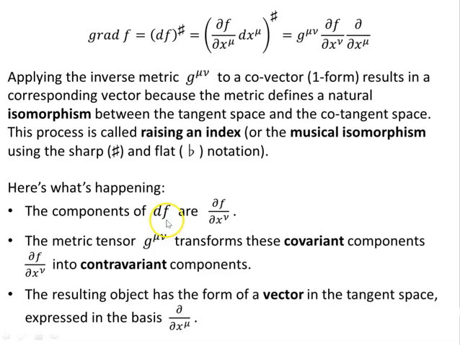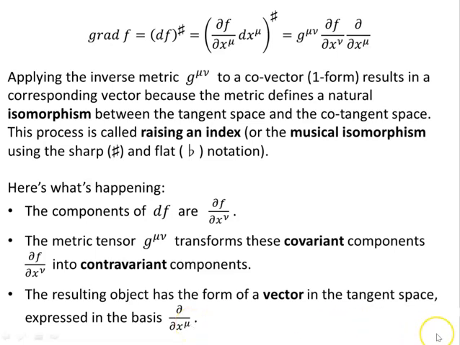The components of df are partial f on partial x^ν, with ν running over however many coordinates you have. The metric tensor g^μν transforms these covariant components into contravariant components. The resulting object has the form of a vector in the tangent space because you're expressing it using the tangent basis vectors partial over partial x^μ.